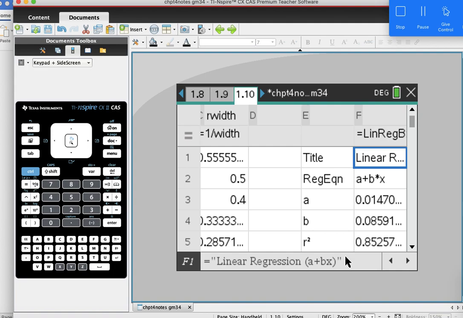Now let's get the equation to 3 significant figures. So for the A, it'll be 0.0147, and for the B, it'll be 0.0859. Yeah? 3 significant figures.